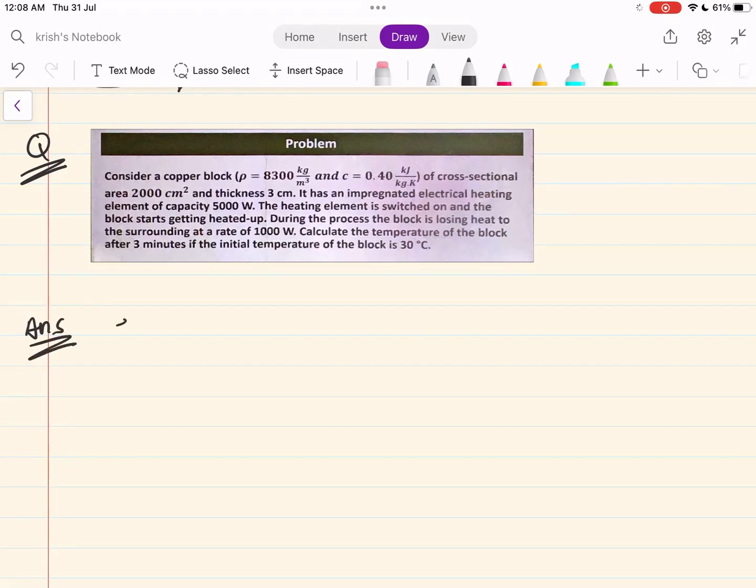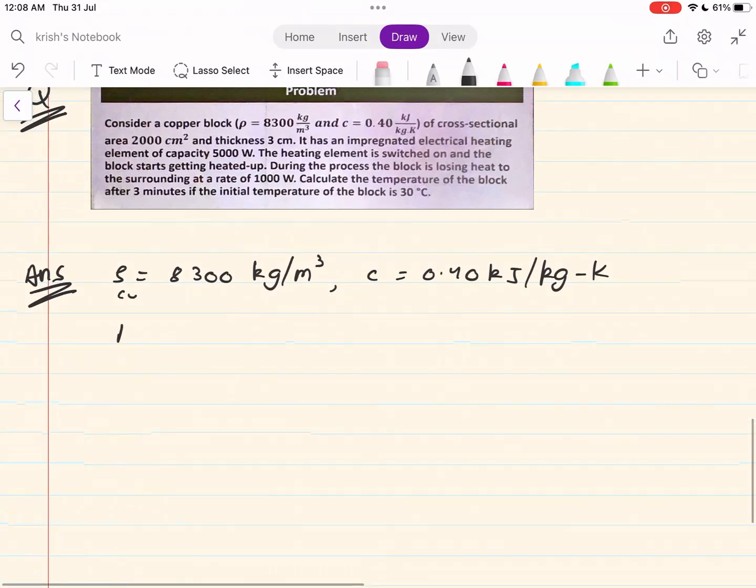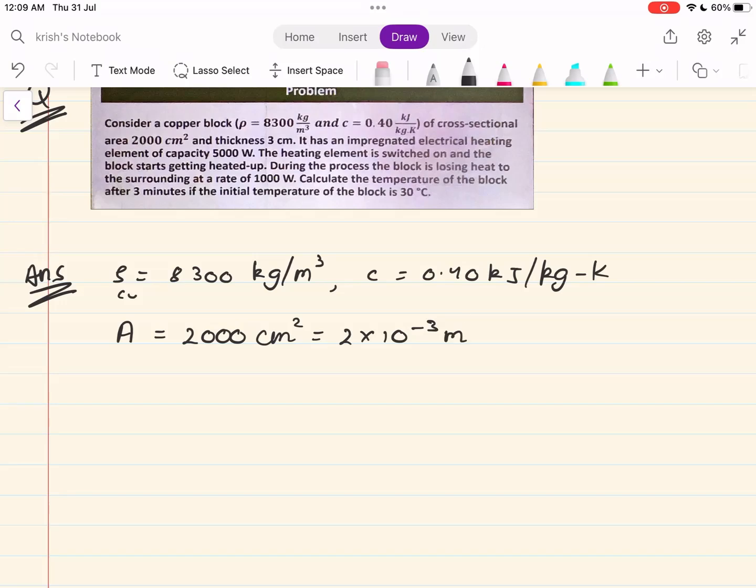Consider a copper block with density equal to 8300 kilogram per meter cube and C equal to 0.40 kilojoule per kilogram Kelvin, of cross-sectional area 2000 centimeter square, which is 2000 into 10 to the power minus 6 meter square, which is 2 into 10 to the power minus 3 meter square.